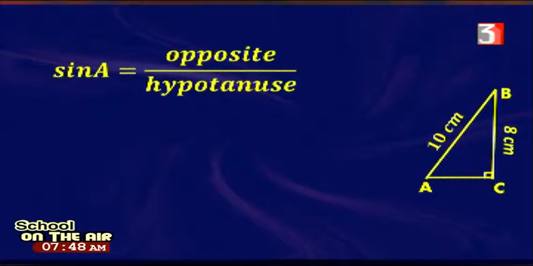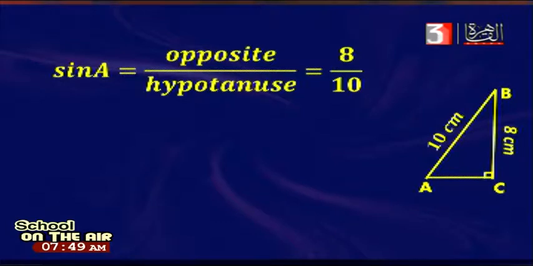It is angle A. So sine angle A equals opposite over hypotenuse. What is the side opposite to angle A? It is BC. And what is the hypotenuse? It is AB. So we can say that sine A equals, that's correct, BC over AB, which is equal to 8 over 10. Then by reducing, you are going to find the result as 4 over 5.